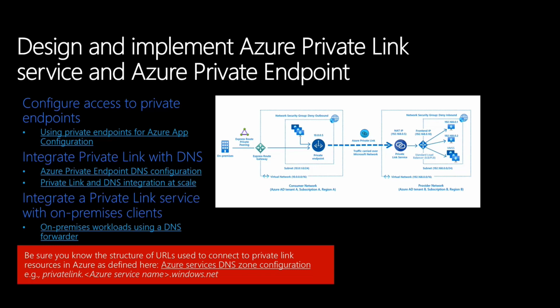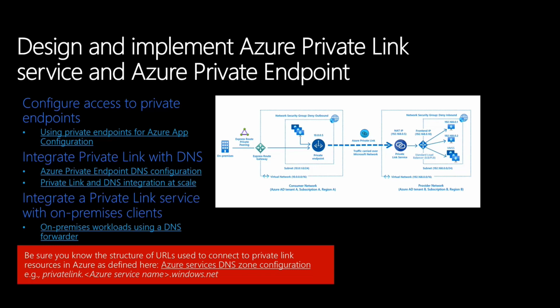So it's important to understand the concept that's in that red box. Make sure that you take a look at the link, the one that says Azure Services DNS Zone Configuration, and it will give you a listing of all the different private link resources that are leveraged so that resources can be resolved internally.